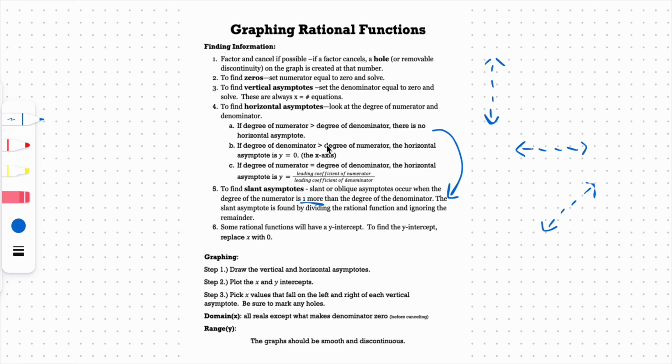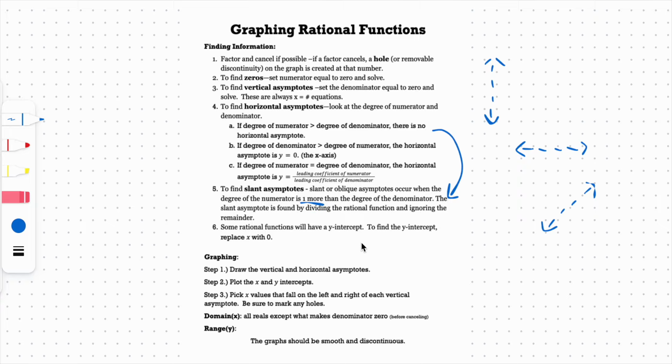So actually, I'm going to go back on what I said. If the degree of the numerator is many degrees higher than that of the denominator, there's just no horizontal asymptote. But if it is 1 more, you definitely want to reference this one down here.